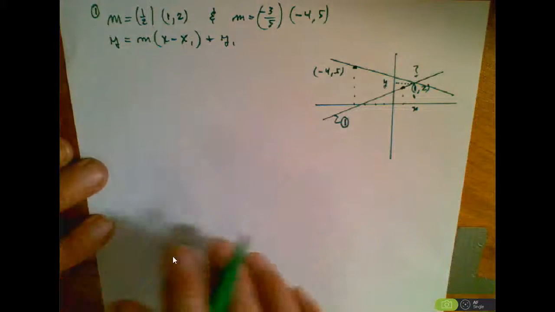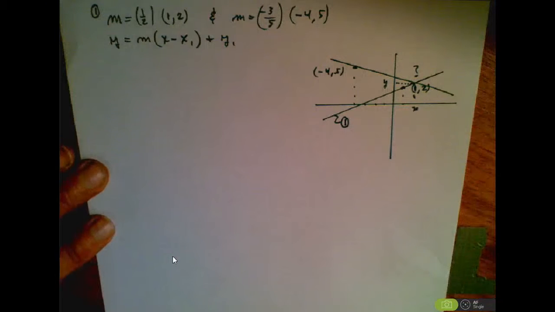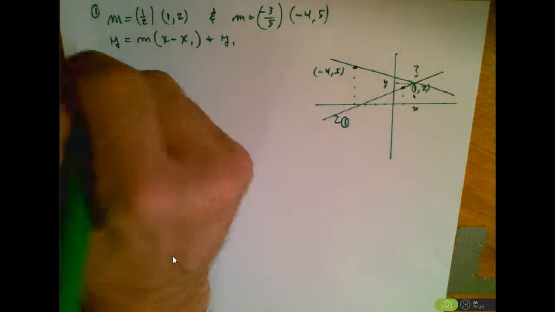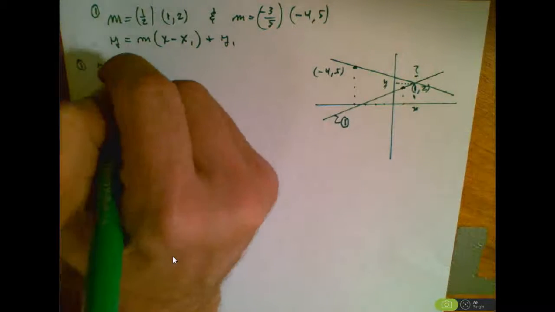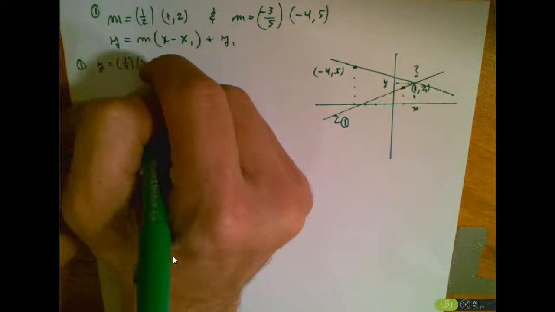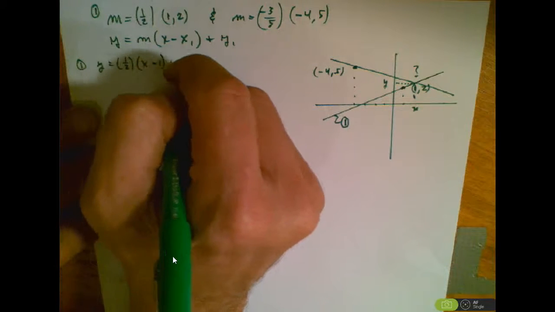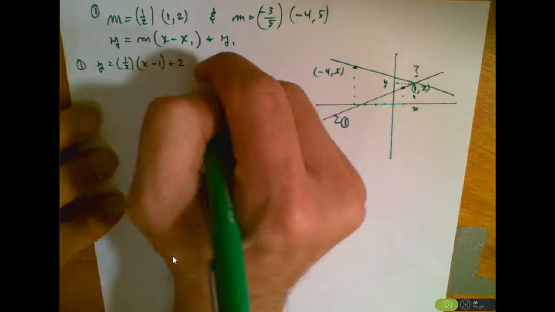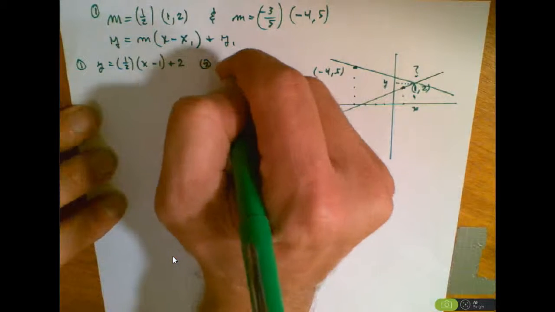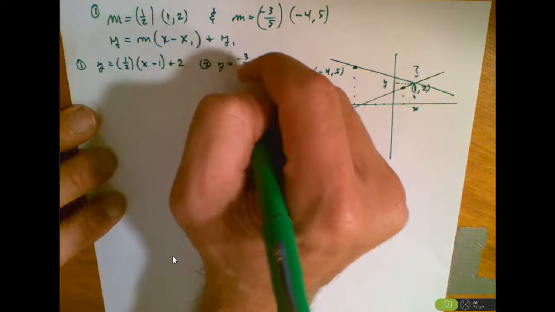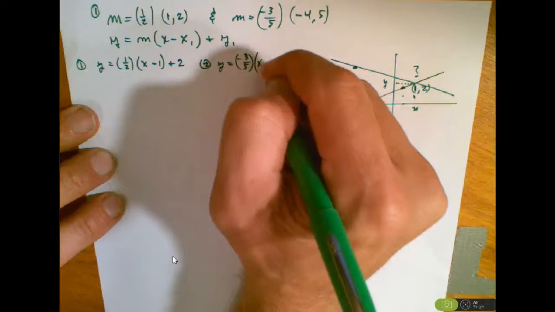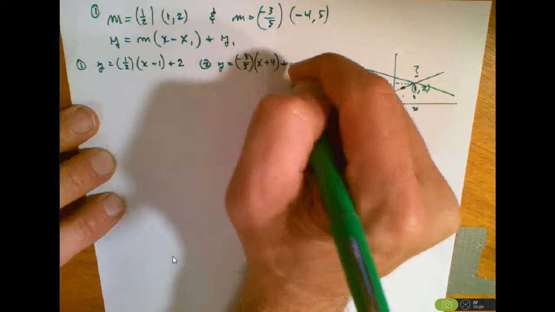So let's first of all use point-slope form to write our equations. For equation 1, we get y equals 1/2 times the quantity x minus 1, plus 2. And for equation 2, we get the linear equation y equals -3/5 times the quantity x plus 4, plus 5.